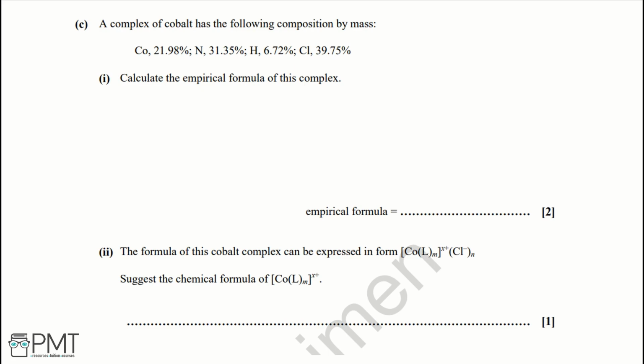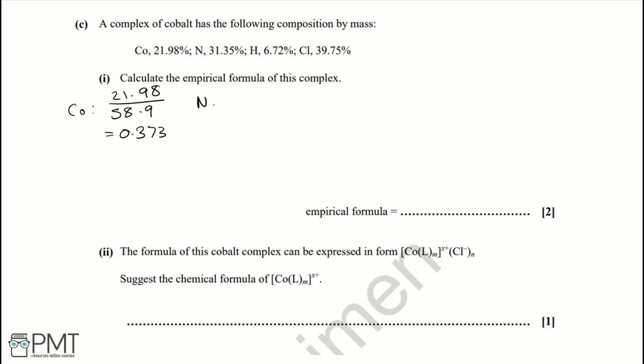When working out empirical formula, we need to take the percentages we've been given, or the composition by masses, and divide them by the relative formula mass of each element. So let's start with cobalt. For cobalt, we have 21.98 divided by its relative formula mass, 58.9, and that equals 0.373.